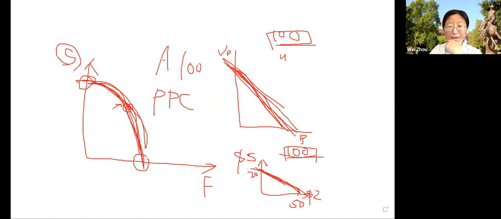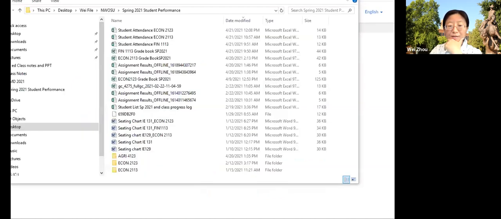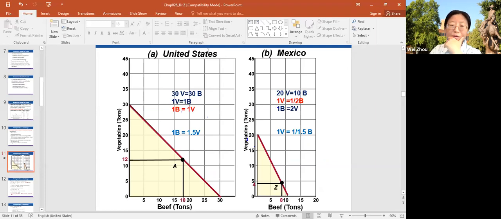So let's move back to this one. We have 100 people in the US, and if all of them produce vegetable, they can produce 30 vegetable. And if these 100 people decide they all make beef, they can make 30 beef. So I draw the PPC curve.